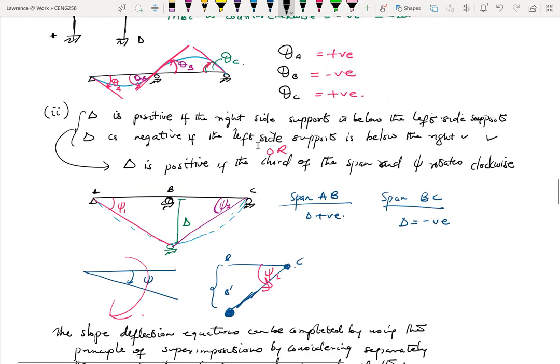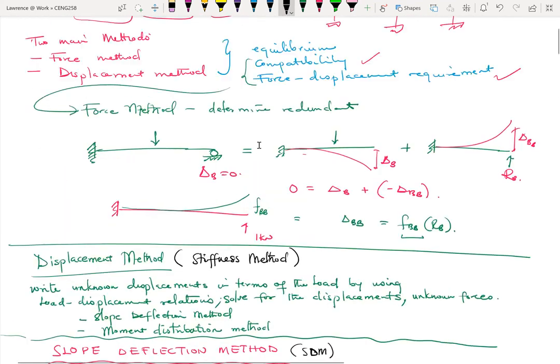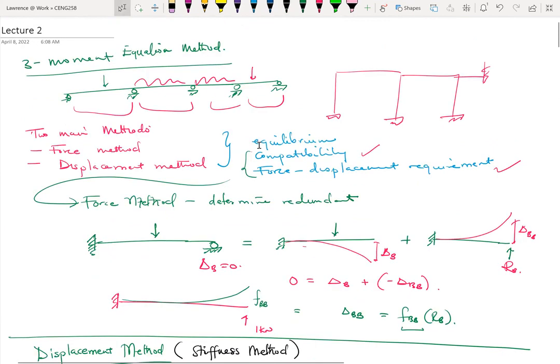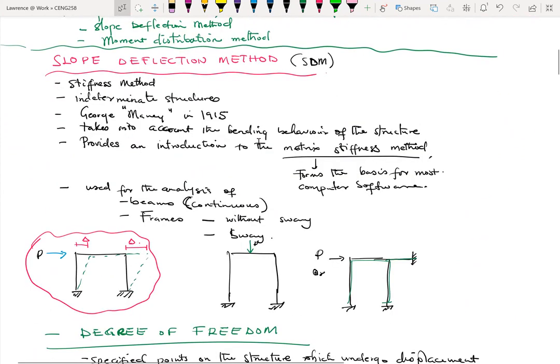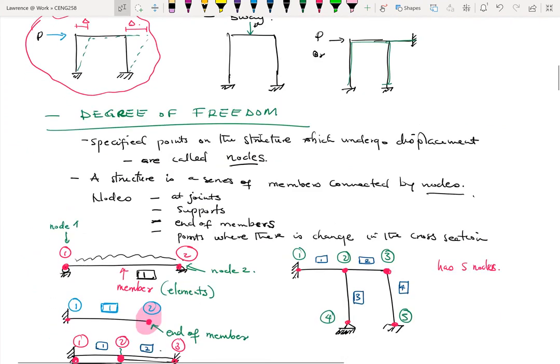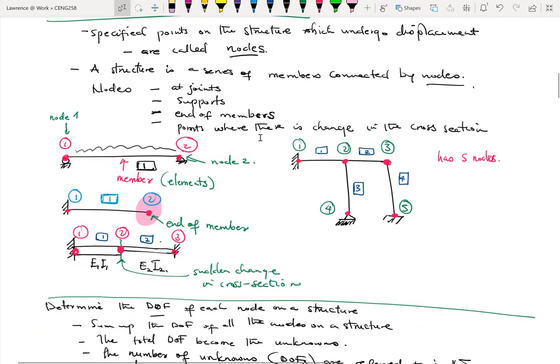So just a quick recap. We've gone through a number of things today. We've gone through a recap of last week's topic. We've also looked at what the slope deflection method is, degree of freedom.